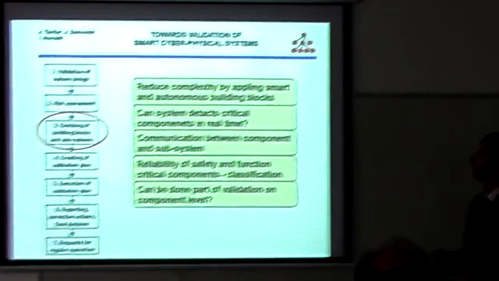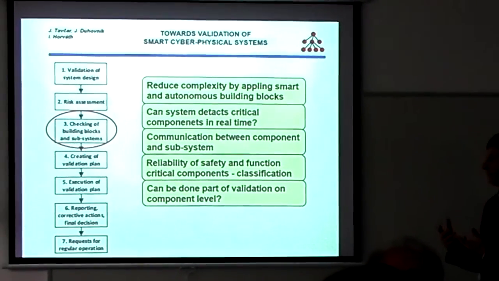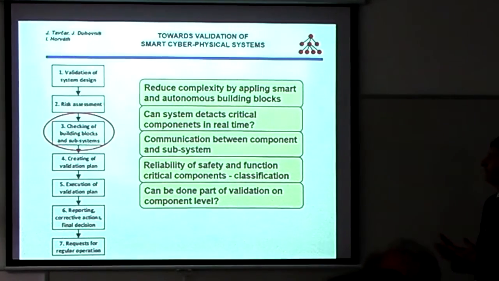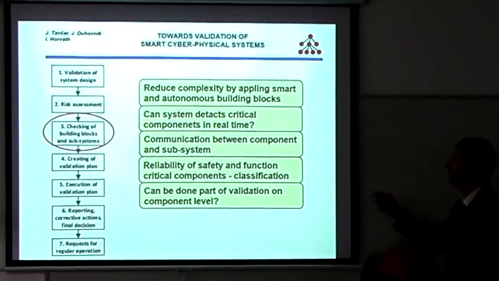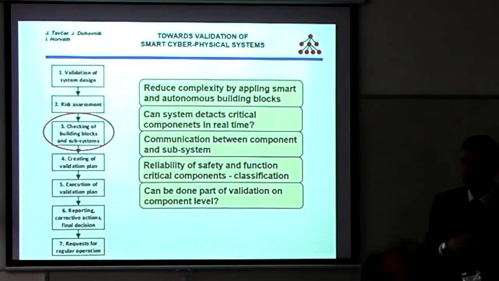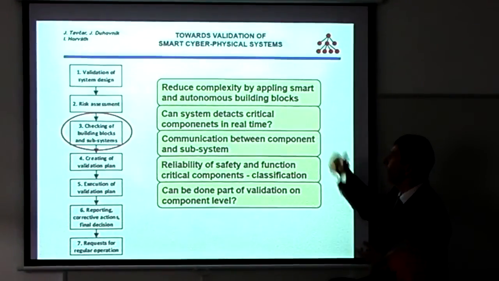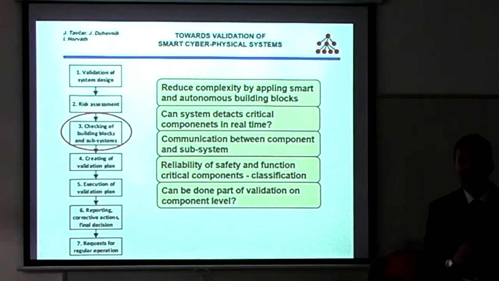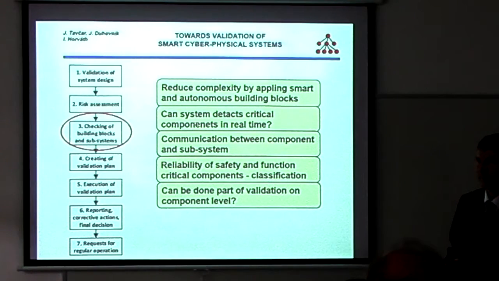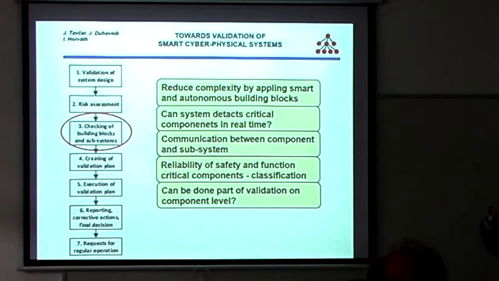Also in the morning, complexity was very often stressed. There is one conclusion: when the complexity is growing, we should fight it with smartness, with autonomous blocks. Decades ago, when we were using a sensor, we needed to specify all the parameters. Nowadays, the sensors should have data on how to set parameters.